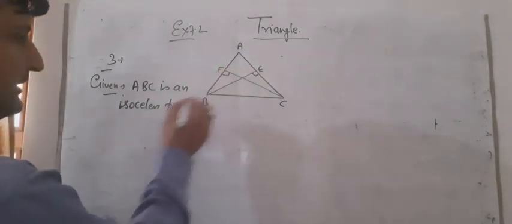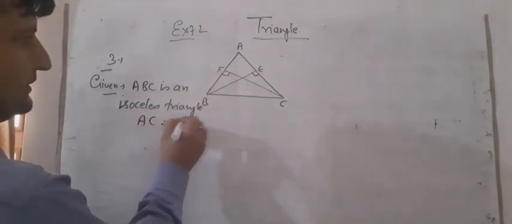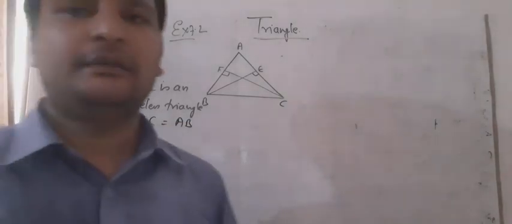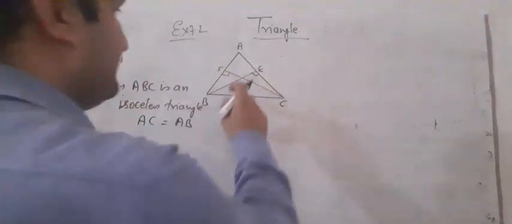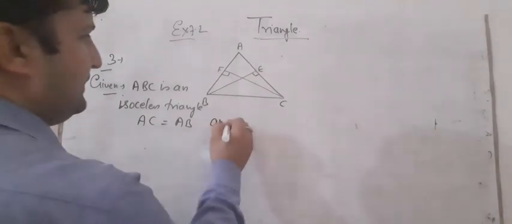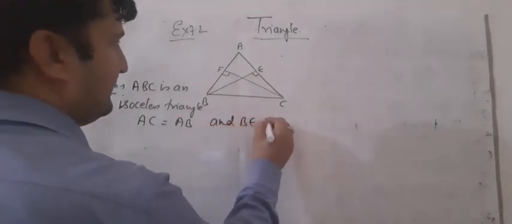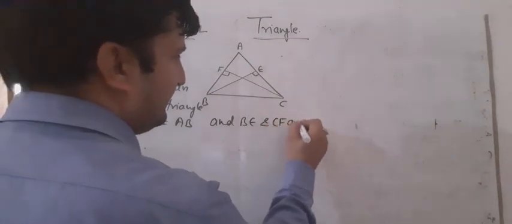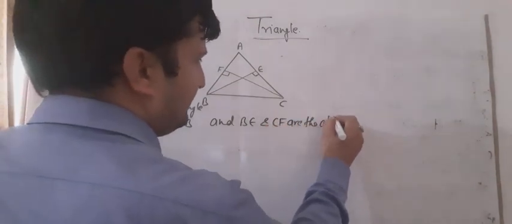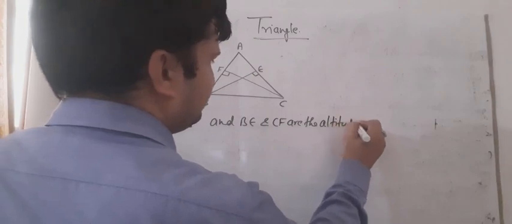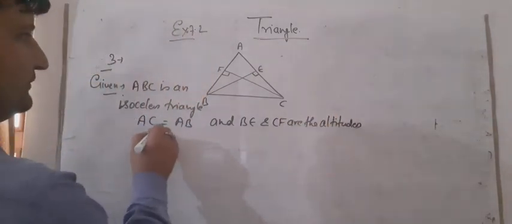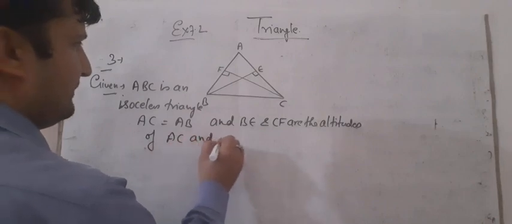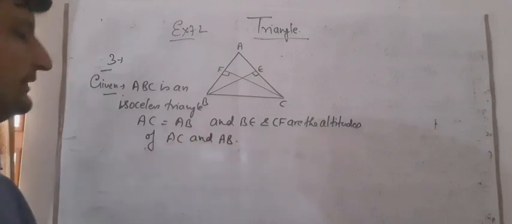It is given that AC is equal to AB, and the altitude means it will make a 90-degree angle, and BE and CF are the altitudes of AC and AB, it is given.